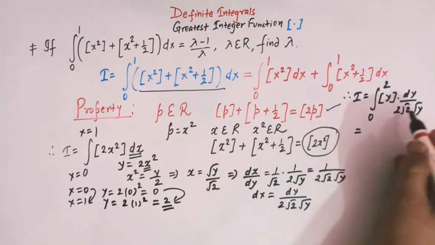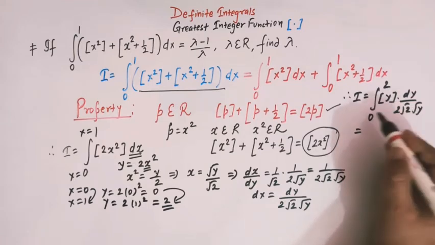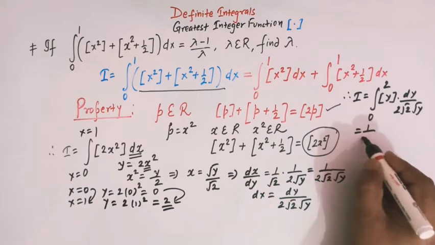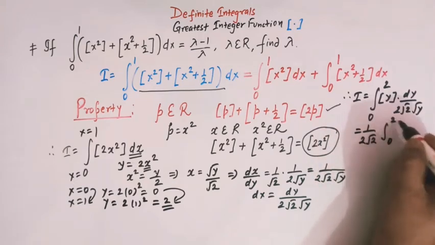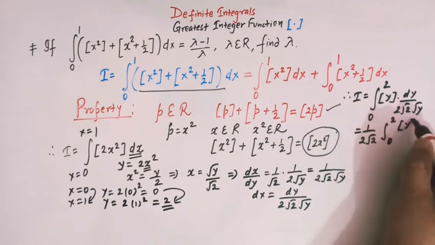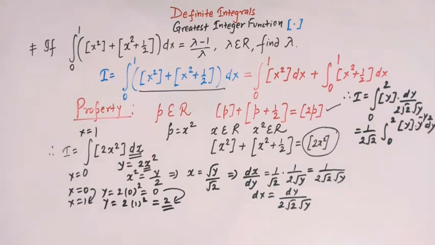And now we can take this term 2 times square root of 2 outside the integral, so we have 1 over 2 root 2, and we have the integral from 0 to 2 of the greatest integer of y, and we can take this square root of y in the numerator, so we have y raised to minus half, and here we have dy, right?